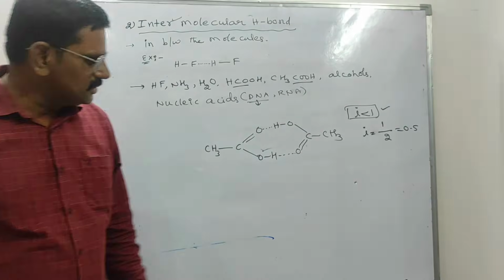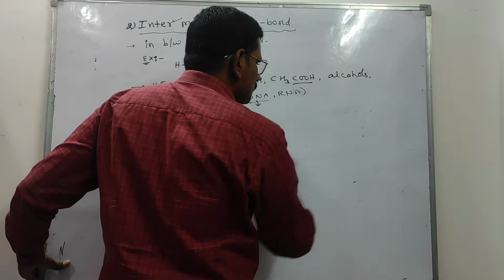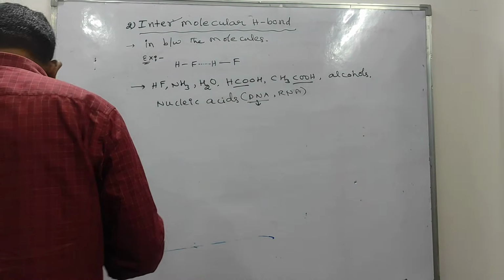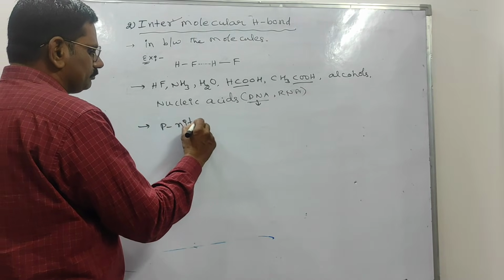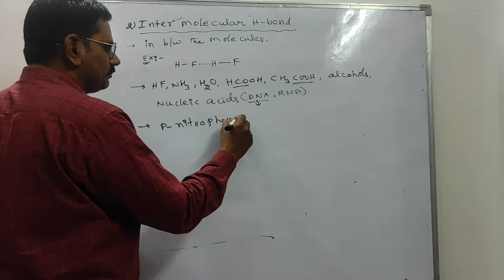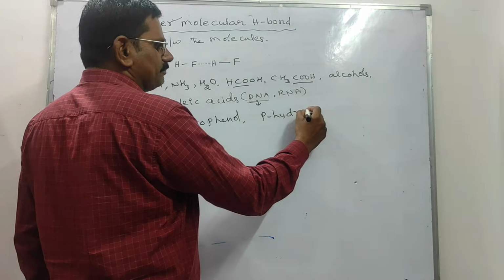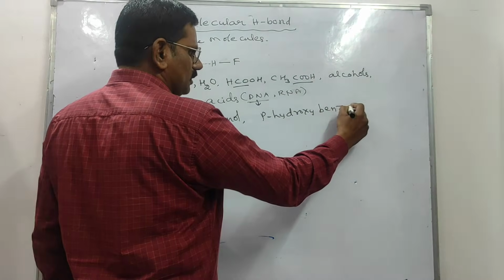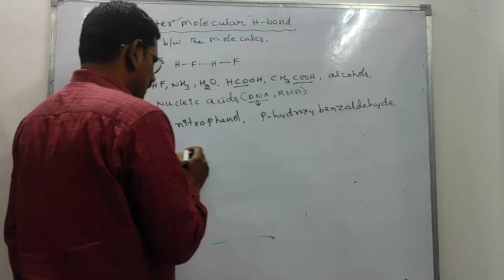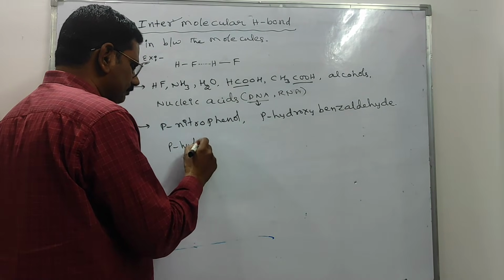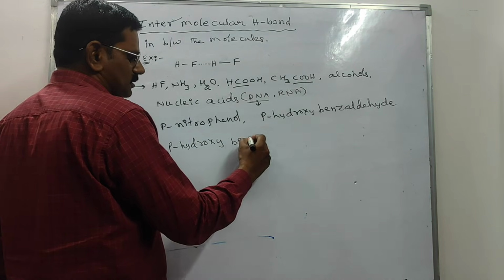In addition to these, some more examples are also there. They are para-nitrophenol, para-hydroxybenzaldehyde, and para-hydroxybenzoic acid.